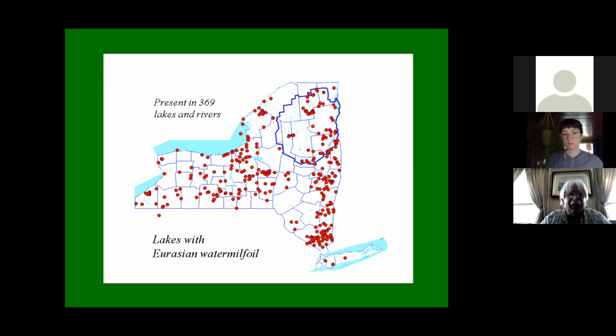And that's one of the reasons that they move so rapidly around the state. And if you look, you can kind of see that those Eurasian watermilfoil sites match up with our distribution network. Another interesting thing is that we started to see a really major spread of invasive species back in the 1970s. And that was pretty much concurrent with completion of the Adirondack Northway in our part of the world and some of the other major water routes as well.